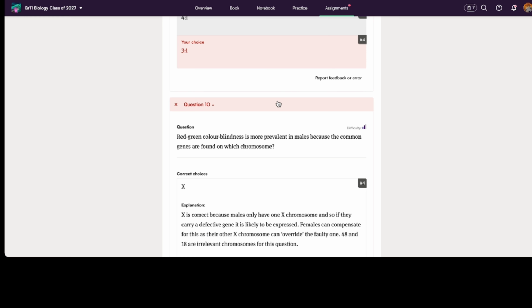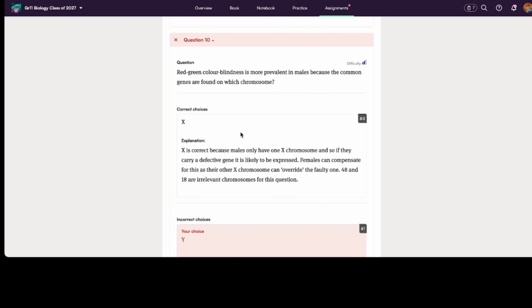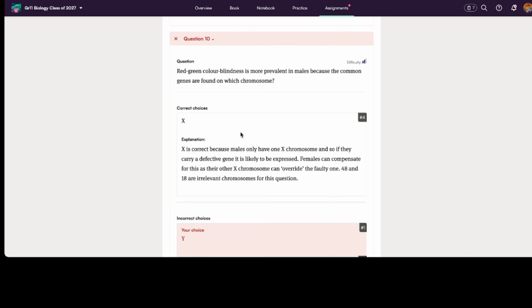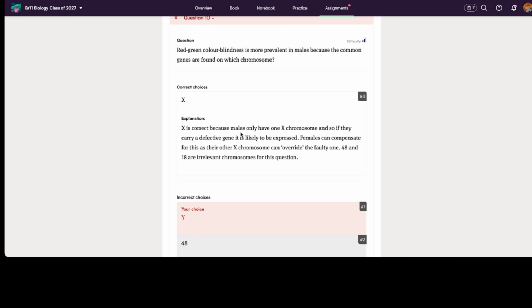And lastly, question 10. If you cannot make the deductions about the sex-linked traits and the pedigree by yourself, maybe it is helpful to memorize it, although it's pretty painful.